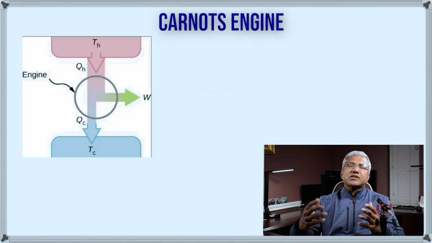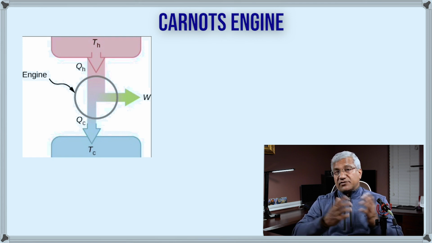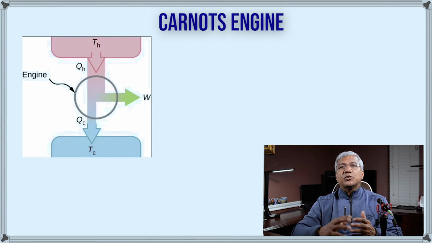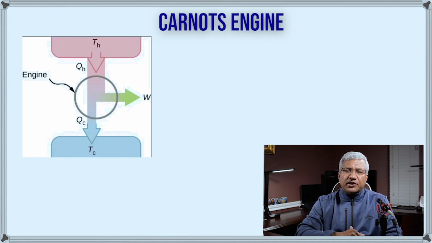So how do we use the second law for a heat engine to work? First of all, a heat engine is something that converts heat into mechanical energy. So heat energy is converted into mechanical energy. This is the idea of a French engineer called Carnot. So it's called Carnot's engine.